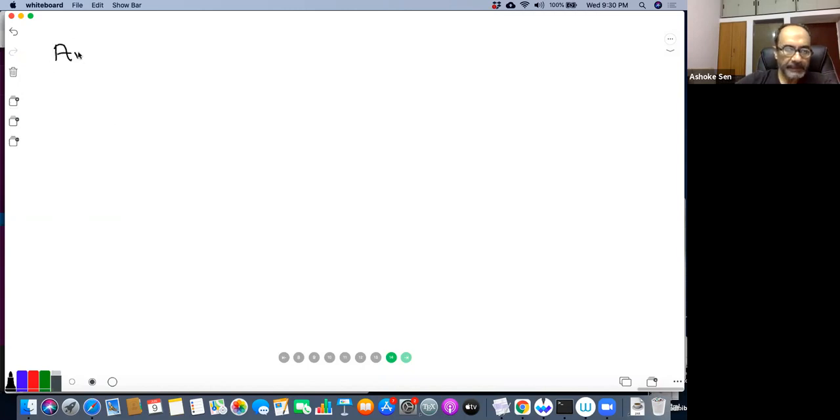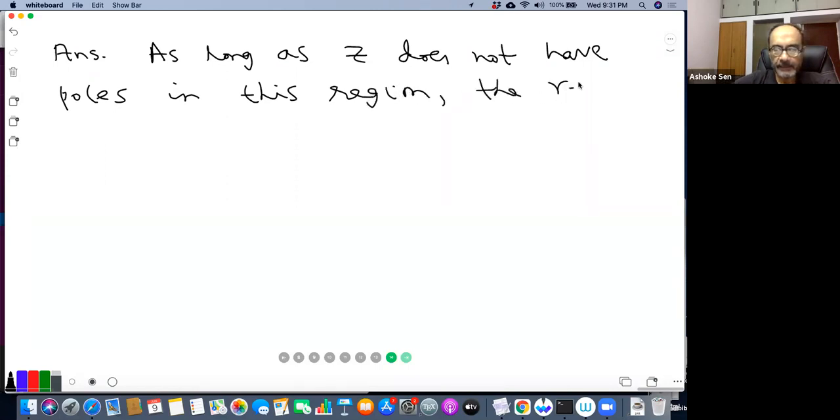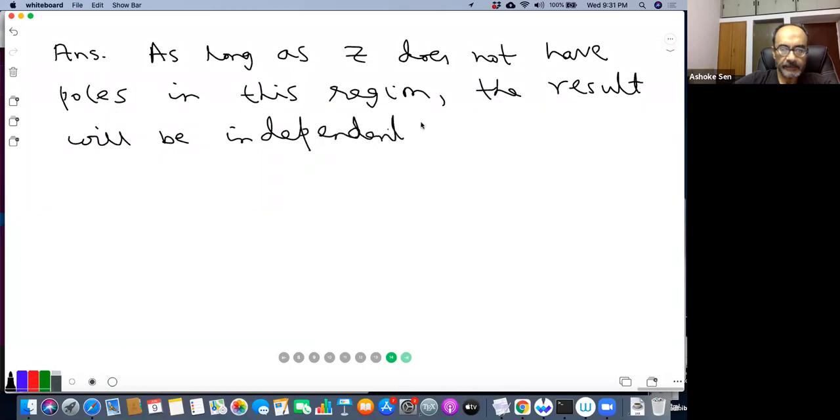So the answer is that as long as there are no poles in this region, the result will be independent of the choice of C3.